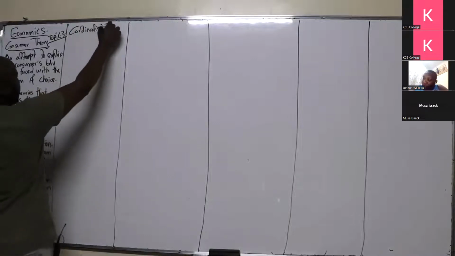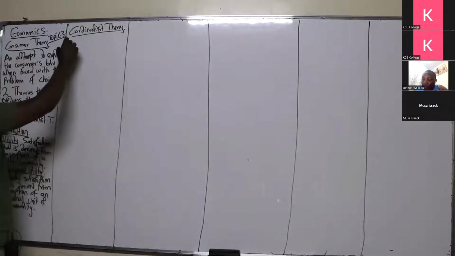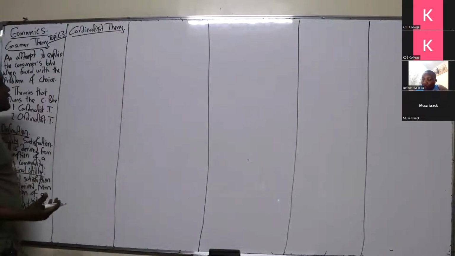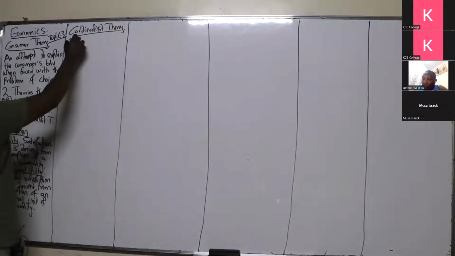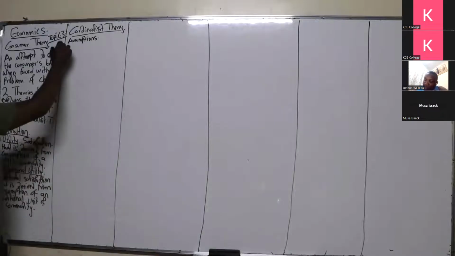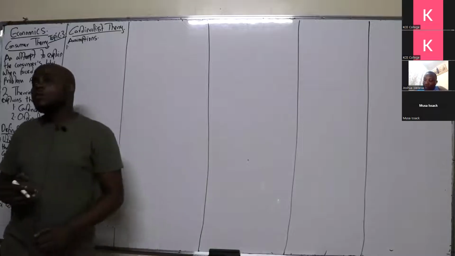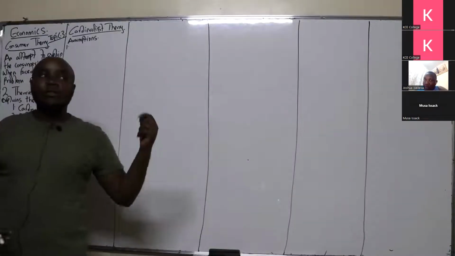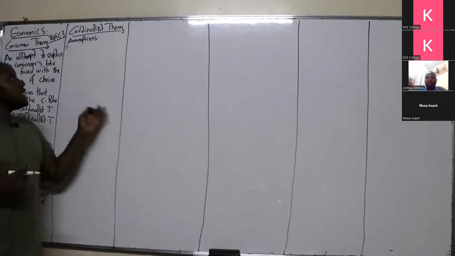In the Cardinalist theory, the first thing that we should try to get are the assumptions. Assumptions of the Cardinalist theory are some of the things that we usually assume for the practicability of the theory.